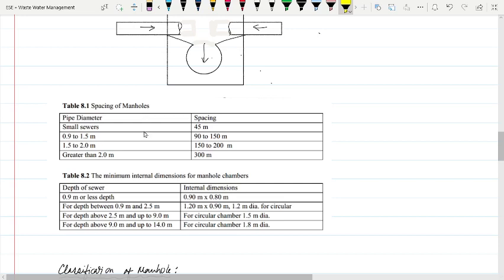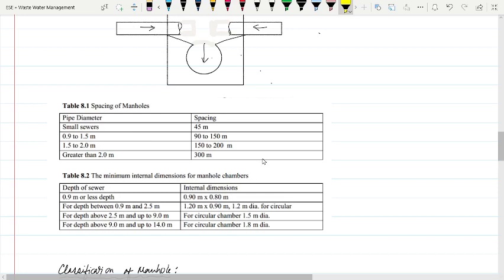We provide manholes because at those places solid particles may get stuck, and that is why we have to properly clean those points and provide a structure called a manhole.